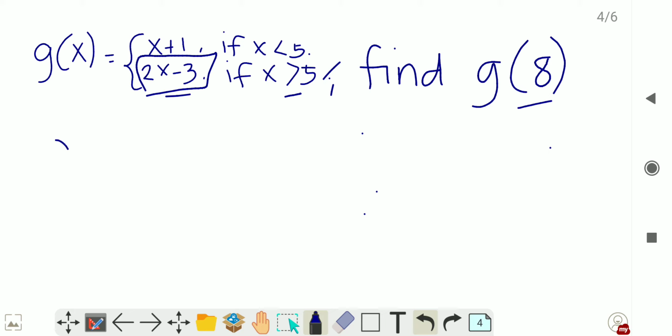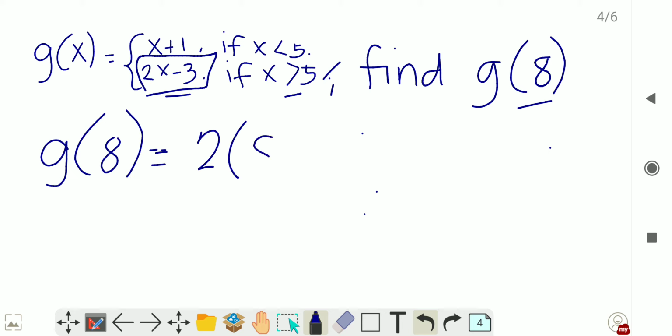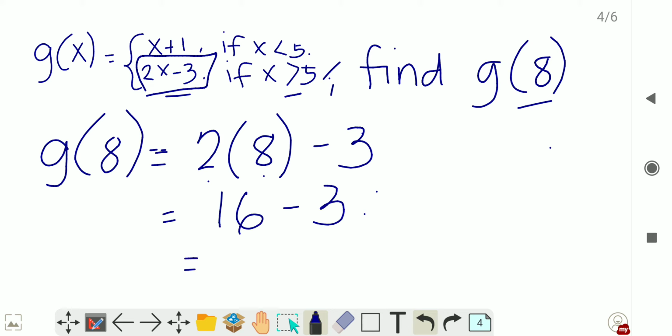So that means g of 8 will be 2 times 8 minus 3. So 2 times 8 is 16 minus 3, that is 13.